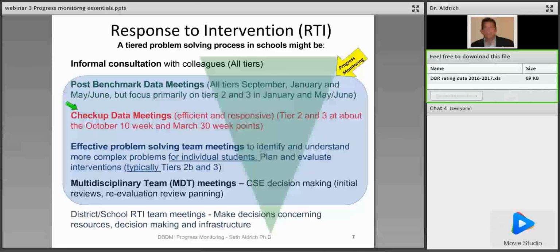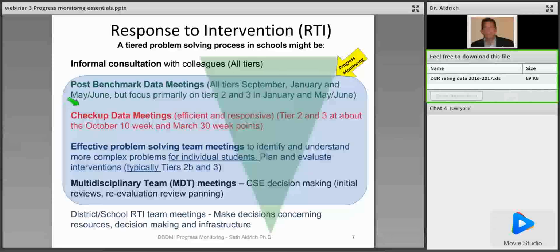If we have an infrastructure where we have meetings scheduled and teams that are trained to respond to data, we have a number of interventions, not just one that we're pulling off the shelf, we have this coordinated support system built into our school infrastructure.